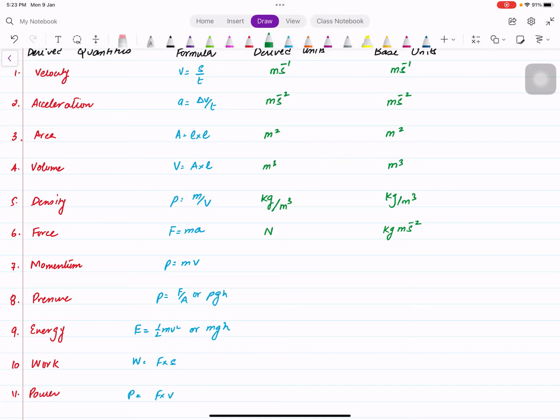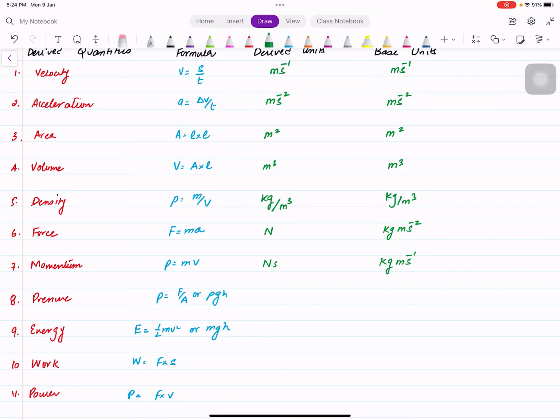Yes. Okay. Next, momentum is newton-seconds, and momentum is made up of mass and velocity. So we can write kg as mass, and velocity is meters per second.